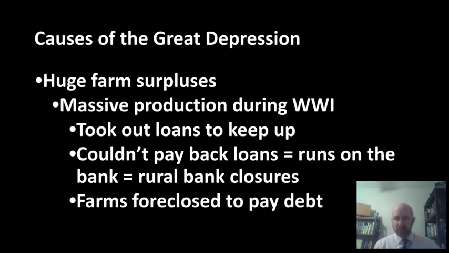Right. Now, if a farmer fails to pay back their loan, the bank will foreclose on their farm, which means essentially they come in and just take the farm and then try to sell it to pay off that debt. The problem is if enough farmers don't pay back their loans, there's not enough people that are willing to buy that land.